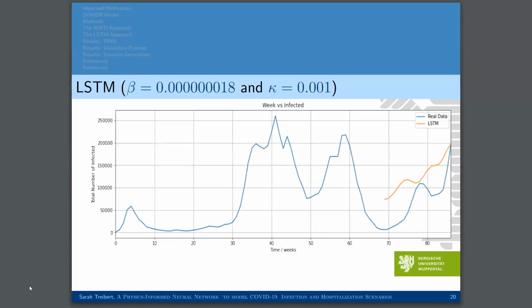Now this is one exemplary prediction of the LSTM. You can see here in blue the reported data curve, and in orange one LSTM prediction based on data of the first 69 weeks. You have to remember that this method is really only data based.